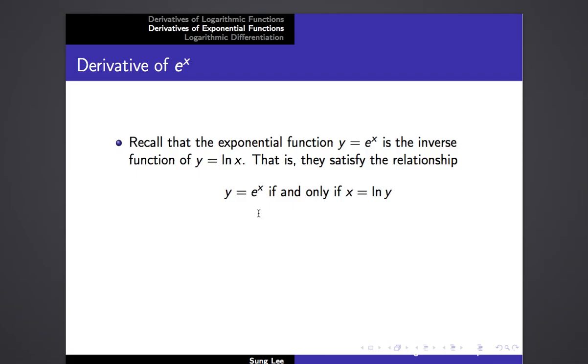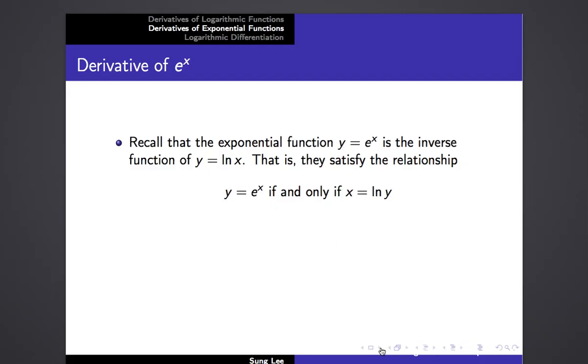So people decided, let's assume that you solved x equals e to the y for y, and denote that by ln of y. So x equals ln of y. That's what happened, and because of that relationship, they always satisfy this.